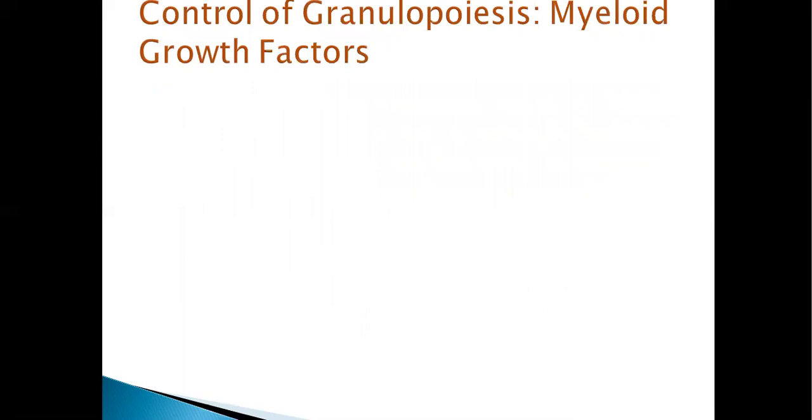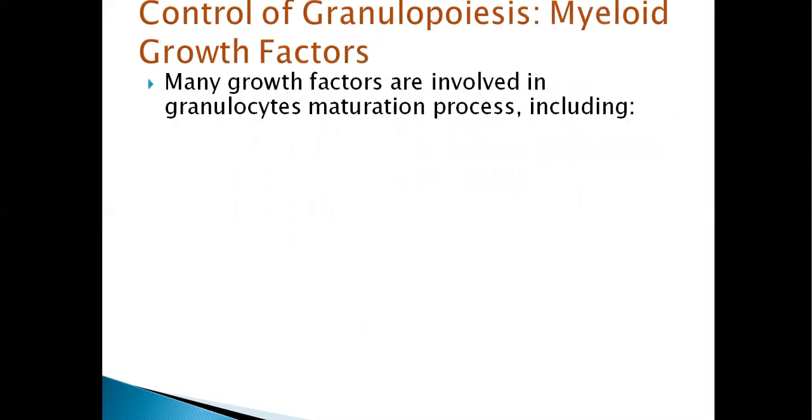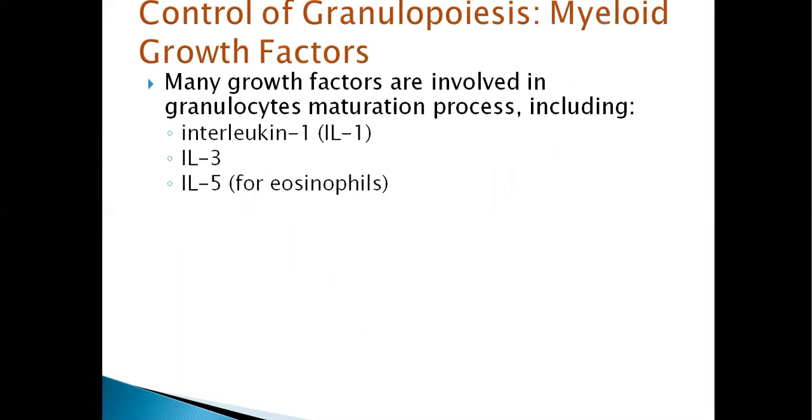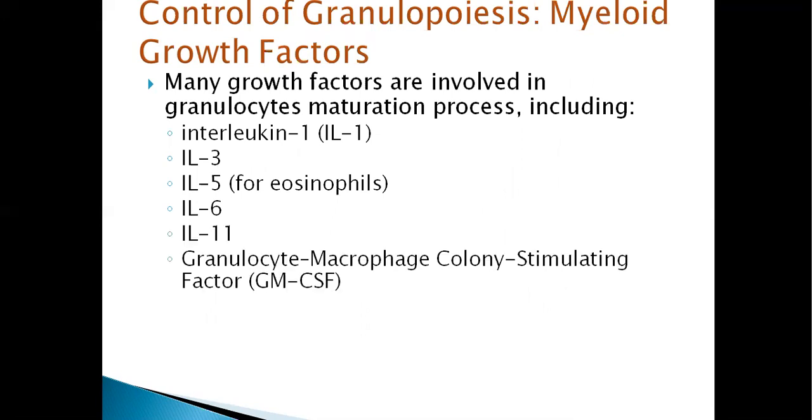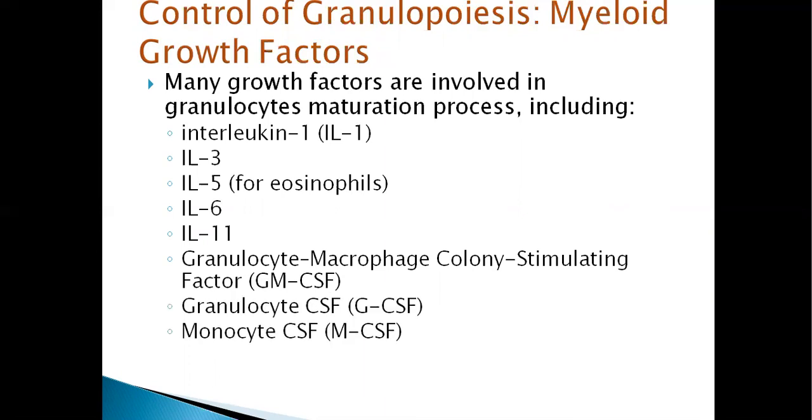The control of granulopoiesis is by myeloid growth factors. Many growth factors are involved in the granulocyte maturation process, including interleukin 1, interleukin 3, interleukin 5 for the eosinophil, interleukin 6, interleukin 11, granulocyte-macrophage colony stimulating factor, granulocyte CSF, and monocyte CSF.